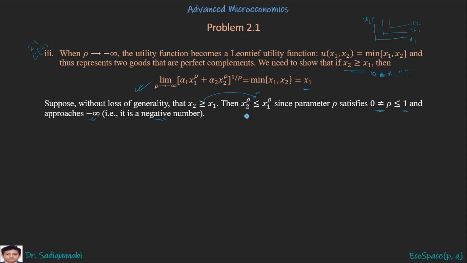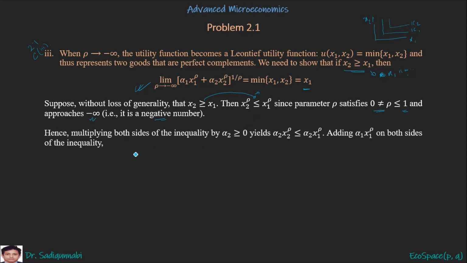So if we multiply this by positive alpha 2, then it yields alpha 2 x2 to the power rho is less than alpha 2 x1 to the power rho, and then we add alpha 1 x1 to the power rho on both sides of this inequality and get this inequality.